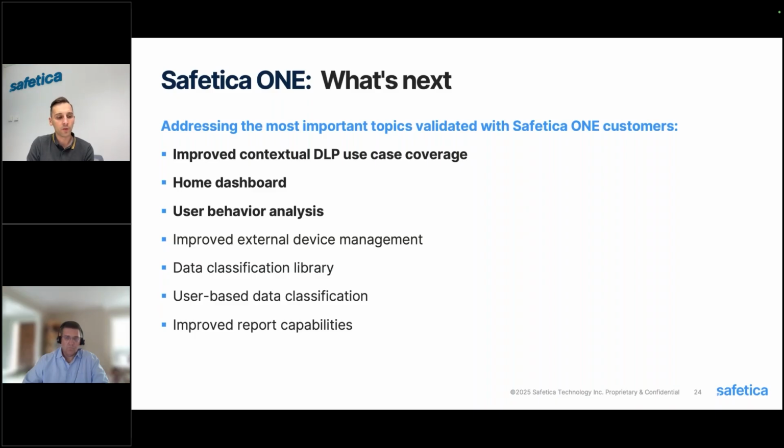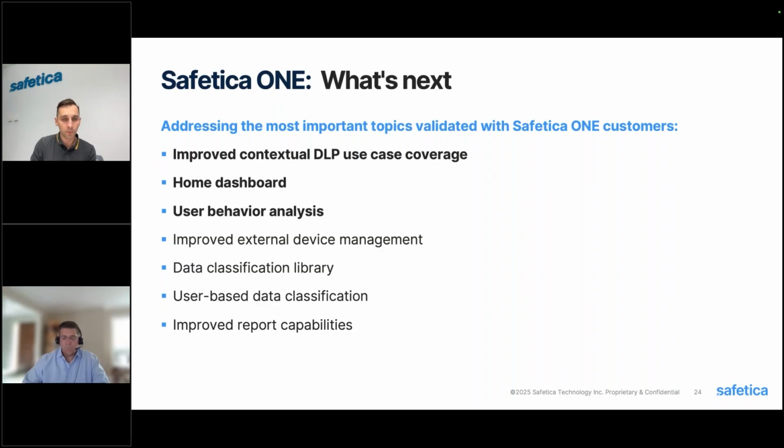And we hope that we are reaching a point where lots of these pain points and blockers have been removed. And I would like to introduce some of these and the plan for the others, because these not only help our new customers and our cloud customers, but these are also things that our on-premises customers will really appreciate and might want to give a shot when they are upgrading from the old Safetica ONE product.